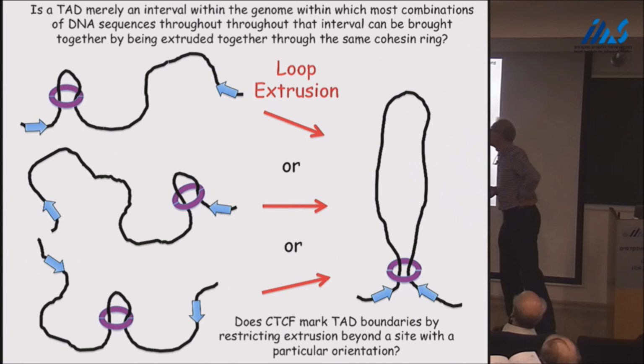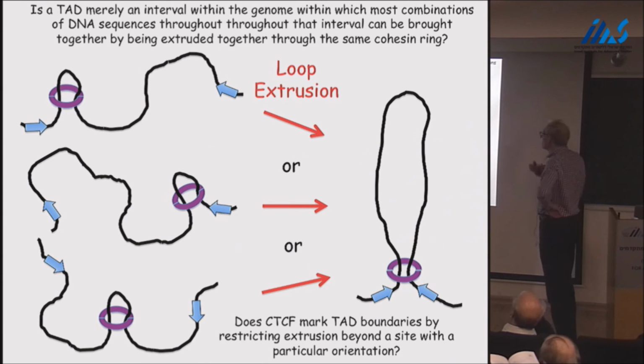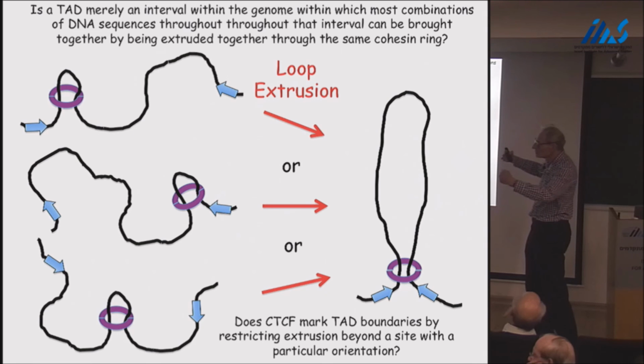The other possibility, and I think Mirny probably thinks the same, is that a TAD is merely an interval within the genome within which most combinations of DNA sequences throughout that interval can be brought together by being extruded through the same cohesin ring. So you initiate this loop extrusion process at random in an interval, here or here or here, and then it goes to completion, and the extrusion stops when you get to CTCF sites that are facing in particular directions.